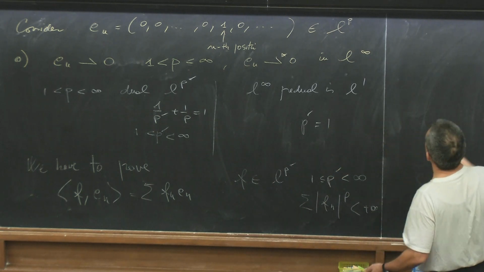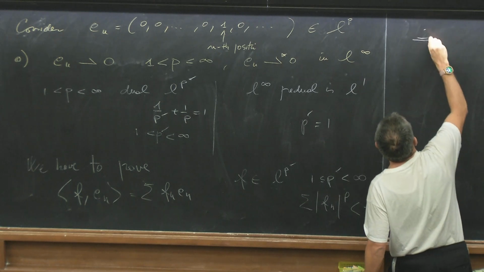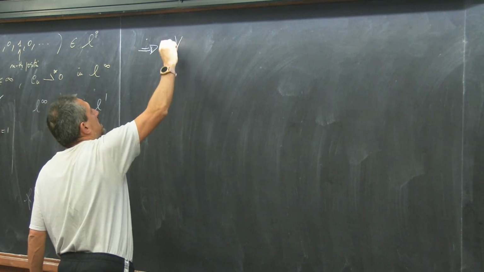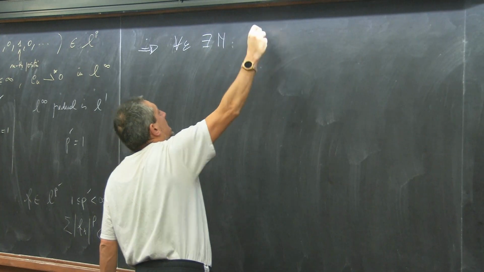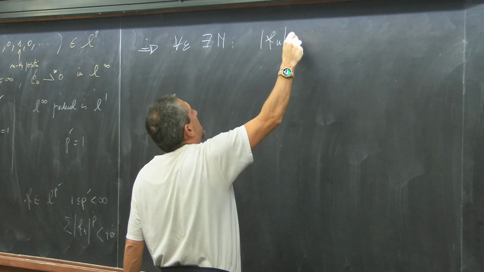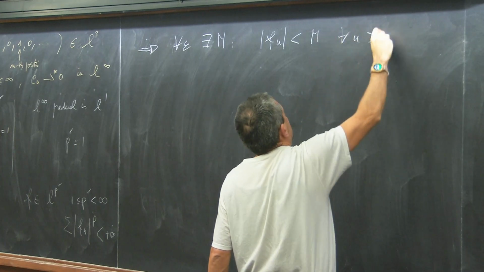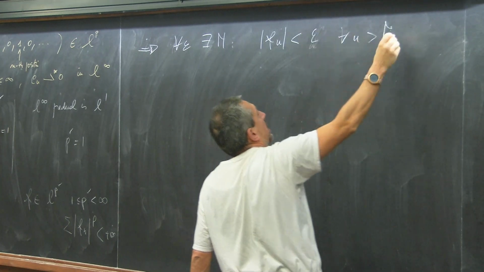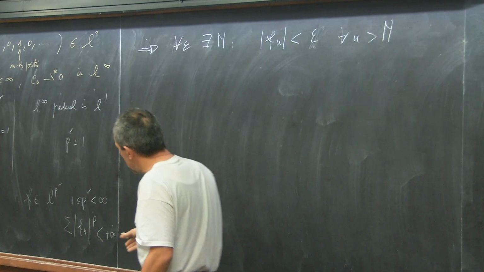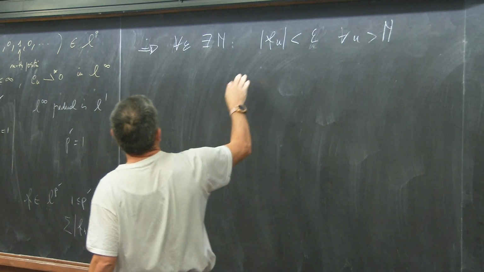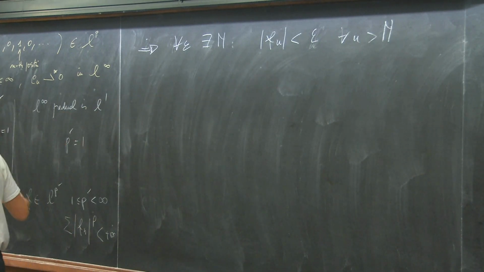So this implies that for all epsilon there exists an index, let's say capital N, such that f_n is less than epsilon for n greater than N. Because the sum should converge, and so definitely the elements should be small.